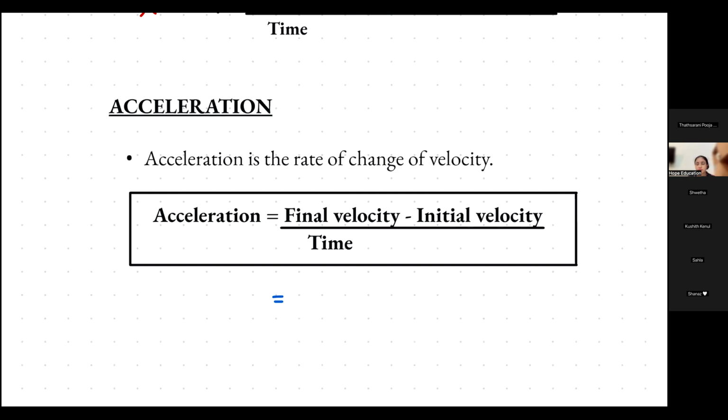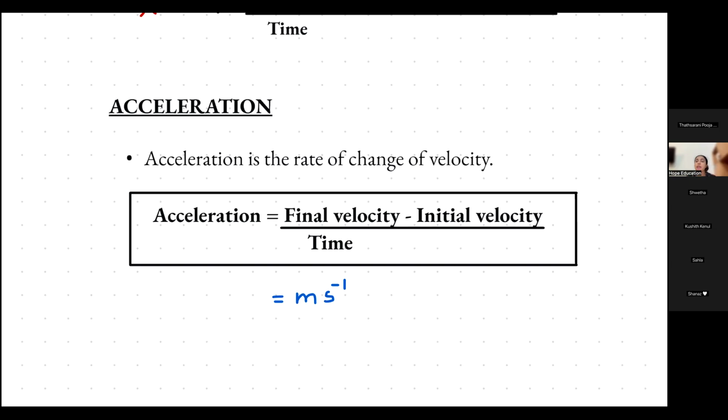It is ms minus 1. Very good. Velocity is ms minus 1, or if we say it in words, that would be meters per second.